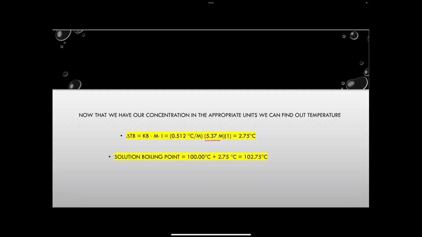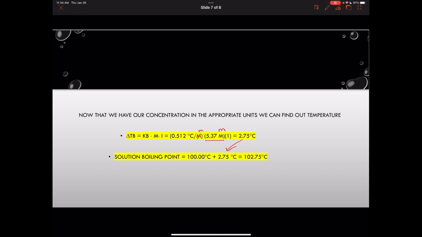So this is what we just found, and this should be a lowercase m. And we're going to find that our temperature change is 2.75 degrees Celsius. Now, the question we're asked is the boiling point. So the boiling point of my solution is my original boiling point of my solvent plus my temperature change. So our new boiling point is going to be 102.75 degrees Celsius.